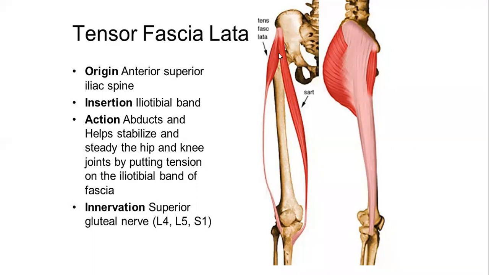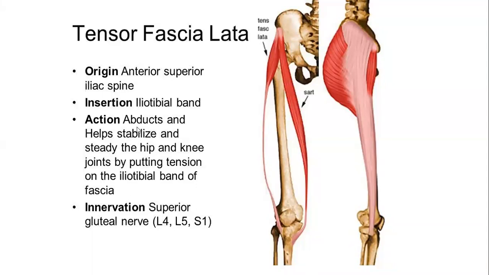Tensor fascia lata, the name is self-explanatory. It is going to get inserted into the iliotibial tract, which is the thickening and modification of the fascia lata, which is the deep fascia of the thigh, right? It also receives its nerve supply from the superior gluteal nerve having root value L4, L5, and S1.